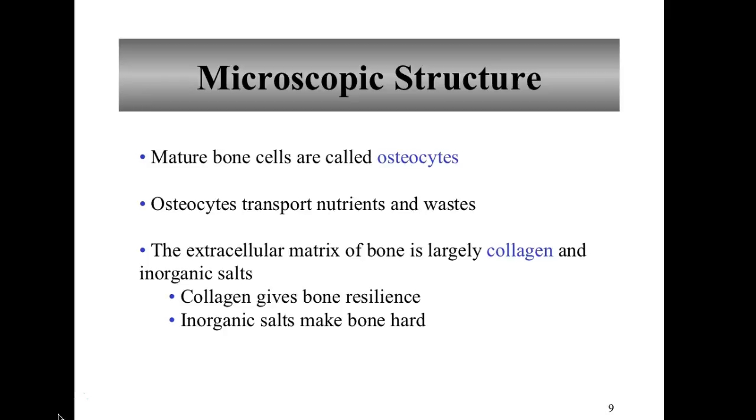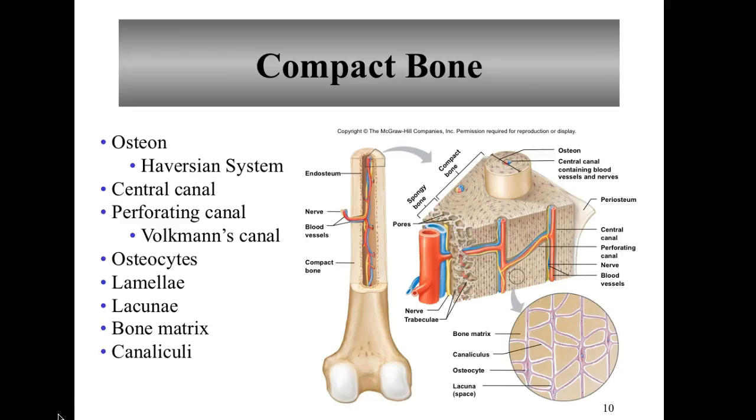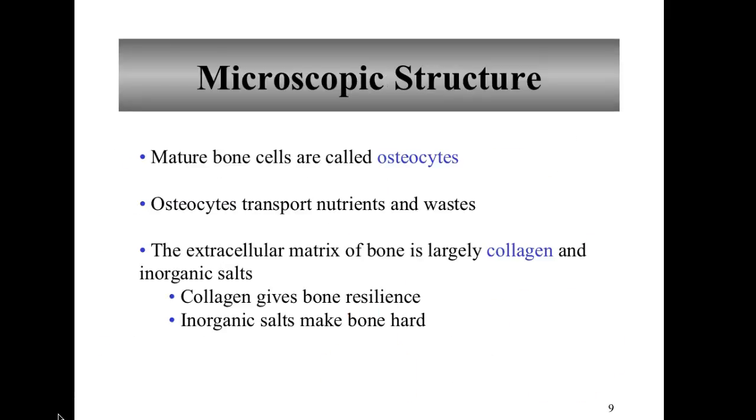So basically what we see when we look at the microscopic structure of bone are the cells. These are going to be osteoprogenitor cells, which are the cells from which bone cells are going to come about, derived from mesenchyme. Osteoprogenitor cells can undergo mitosis and ultimately form osteoblasts, which are the bone-forming cells.